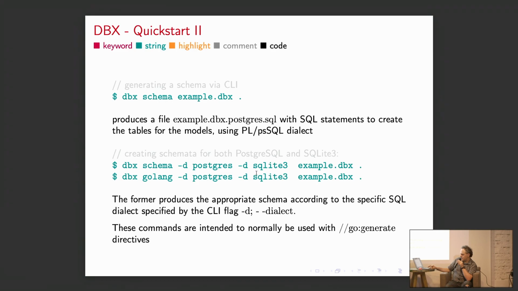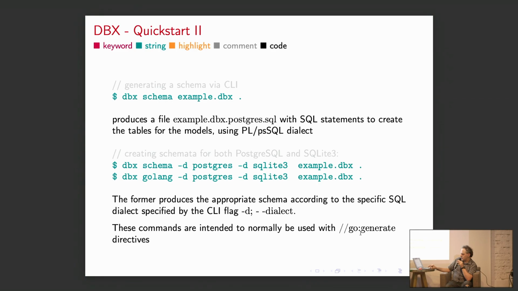The only thing that changes is that, basically, you are using dbx schema for the first invocation, and then you are using the specification Postgres and SQLite 3. And the second is dbx golang. So you are creating two different examples matching both Postgres and SQLite 3 specifications at once, all right? And the former produces the appropriate schema according to the specific SQL dialect specified by the command line flag -d or --dialect.